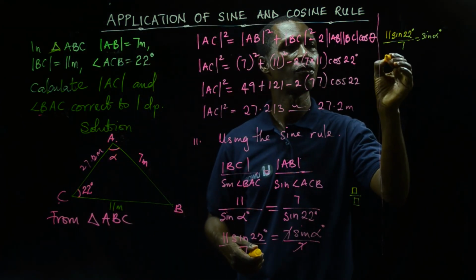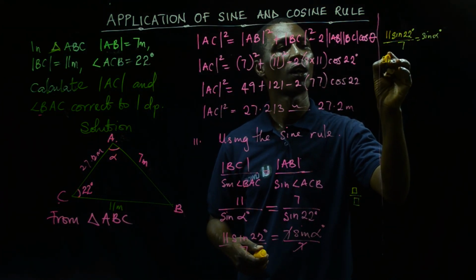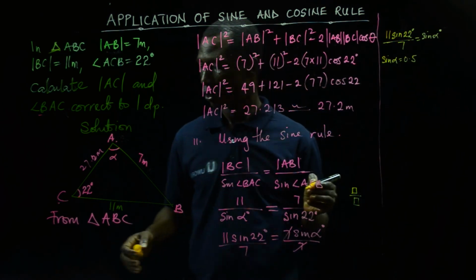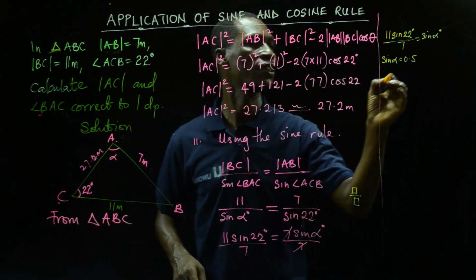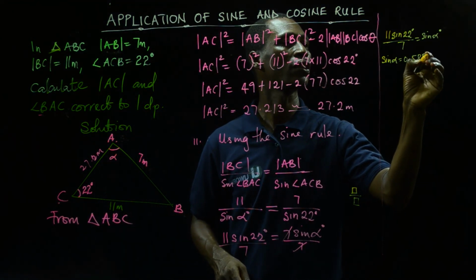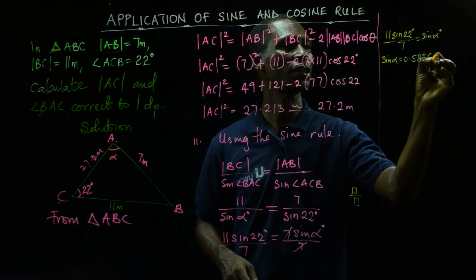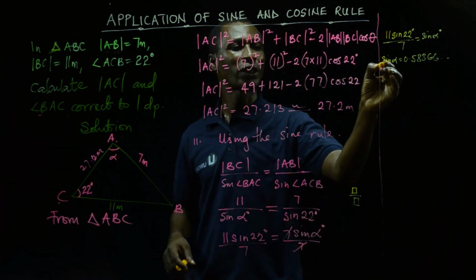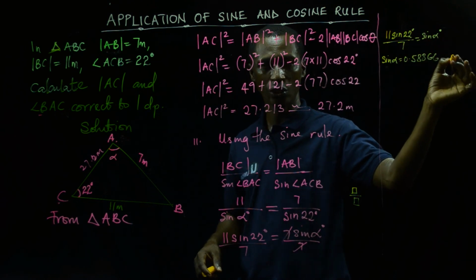So I'm going to have sine alpha to be equal to 0.58866. But I want alpha, so I have to let sine cross the equal sign.